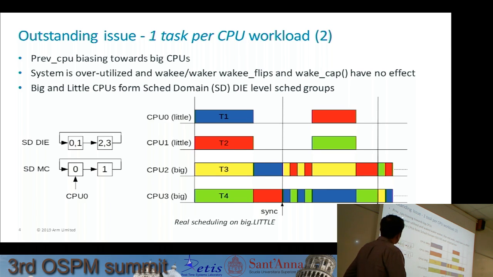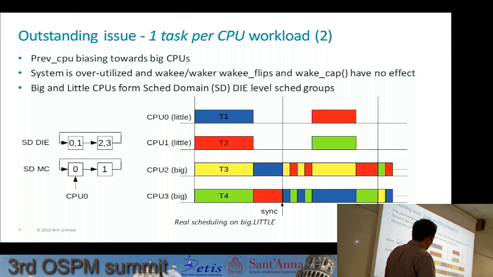The problem is because all of the 4 tasks finish on big CPUs, you get the prev CPU bias towards the big CPUs. And if the system is overutilized, and we talk about this wakey flips stuff in a moment, wakeup essentially makes sure that the prev CPU and this CPU, if they don't have enough capacity for the utilization of the task, would also go into the slow path.